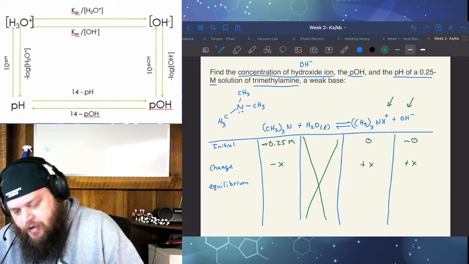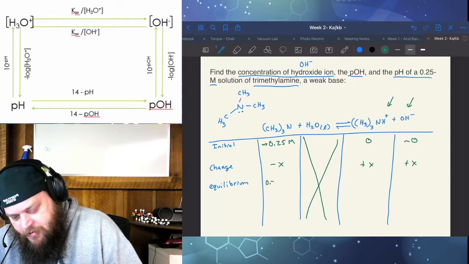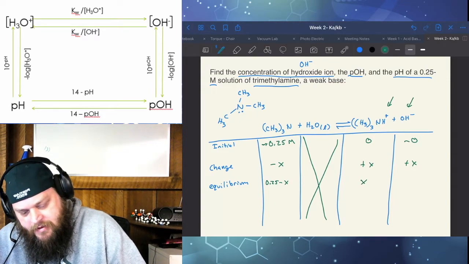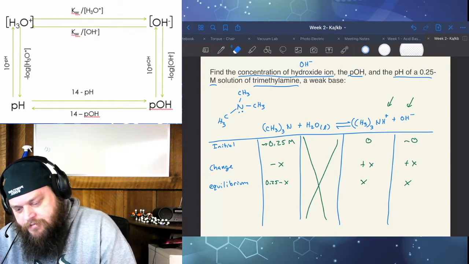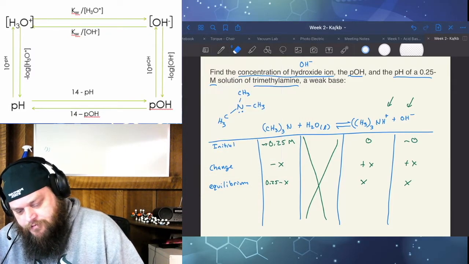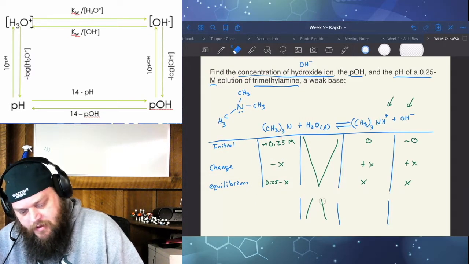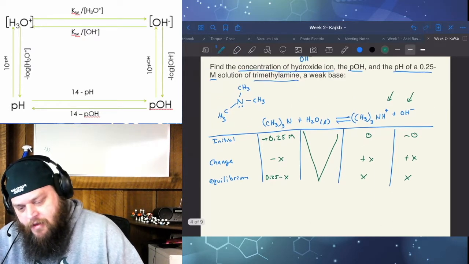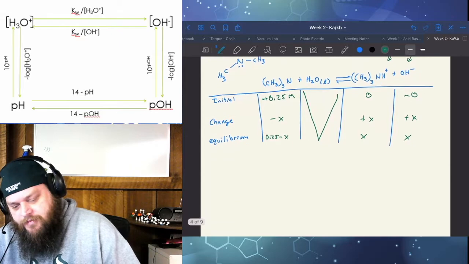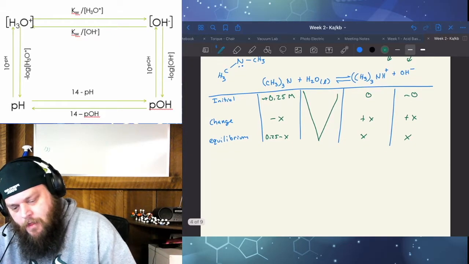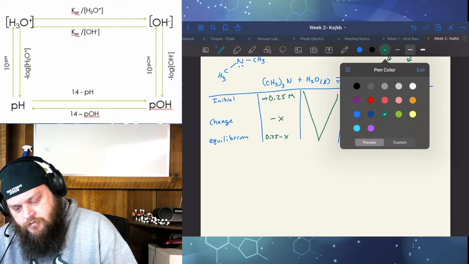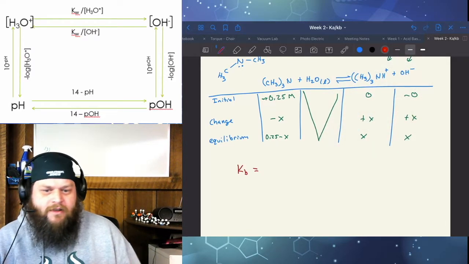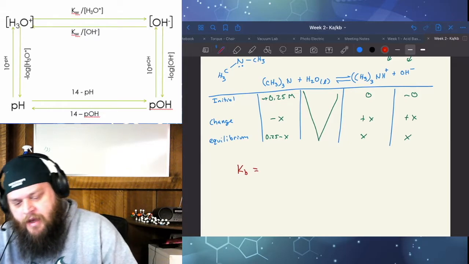So at equilibrium, we can write out this expression, 0.25 minus X is the concentration, and then these concentrations are there and there. Now writing out our KB equation, KB would be equal to, again, the concentration of the products divided by the reactants.